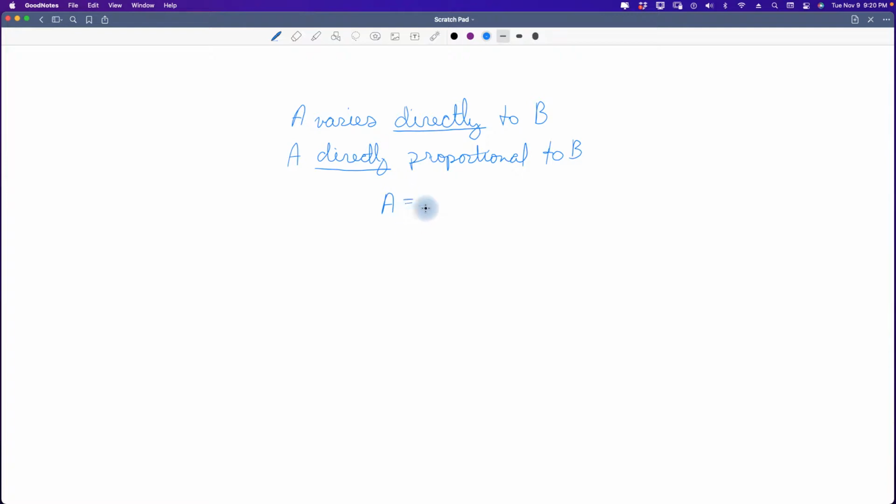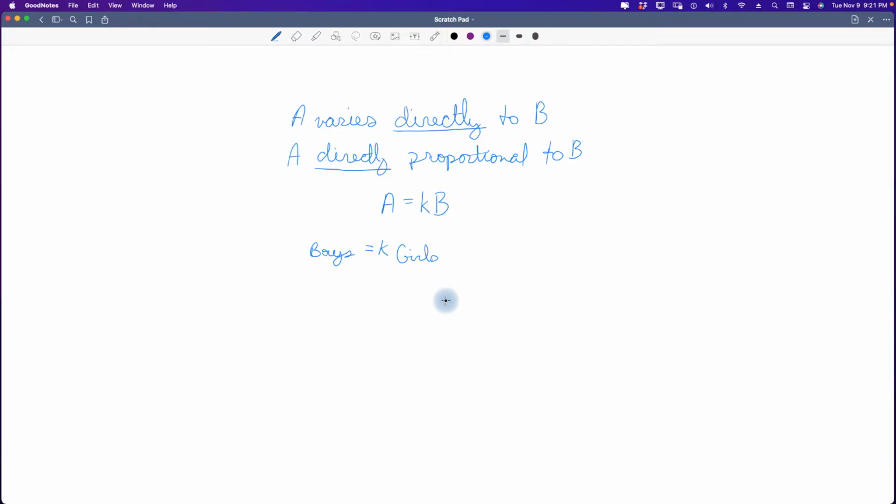When we see that word directly, that tells us we're going to use this type of formula. A is equal to K, where K is our ratio, our proportion, times B. So whatever the first thing is, varies directly means equals K times B. For instance, if the number of boys varied directly to the number of girls, that'd be my formula.